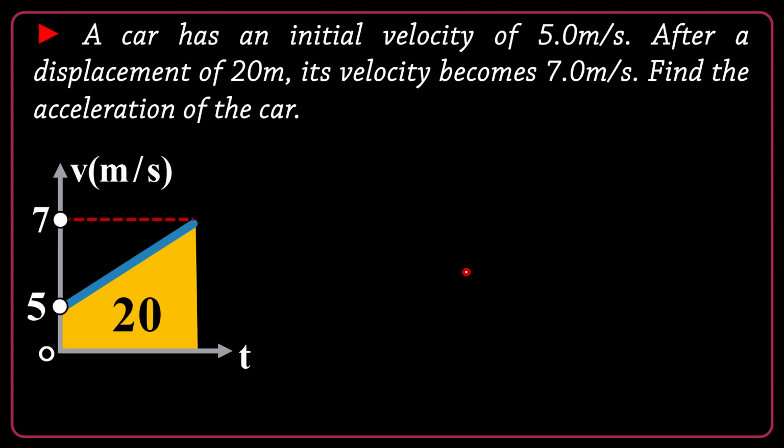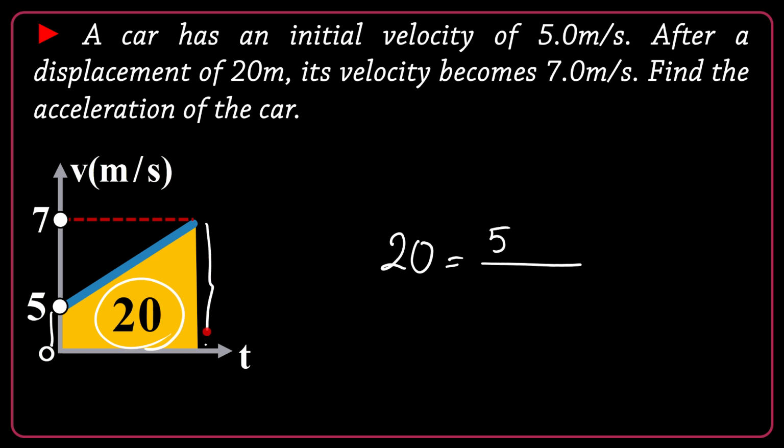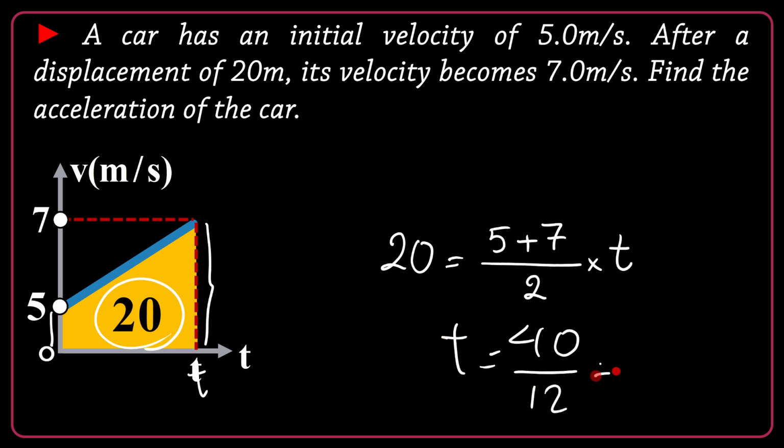It's very easy. The area of the trapezoid is given to be 20. So here it will be small base 5, large base 7, divided by 2 times t. T is exactly what I'm looking for. Okay, let's do it. T is 40 over 12, 20 over 6, or 10 over 3 seconds.